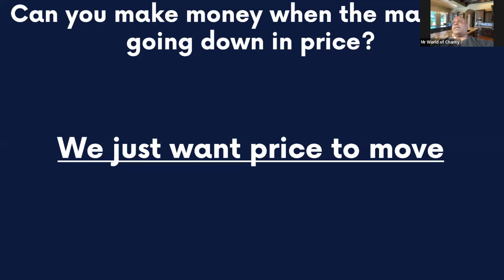So if I sell at $10 and the market goes down to $2, I want to get out at $2, so I have to buy it at $2 so I can get out. And I made money from 10 down to 2, which is an $8 profit. And the other scenario is I want to get in, I want to buy at $2, and then the market trades up to $10.